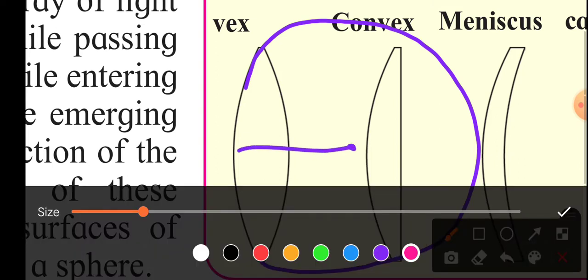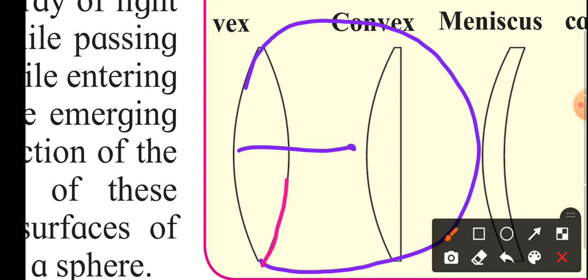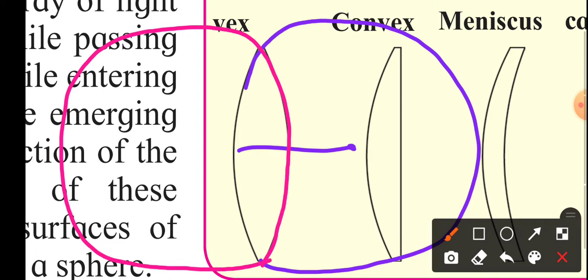The other surface is part of another sphere, with a different radius and center of curvature. So two faces are parts of two different spheres, and that's why lenses have two centers of curvature and two radii of curvature.